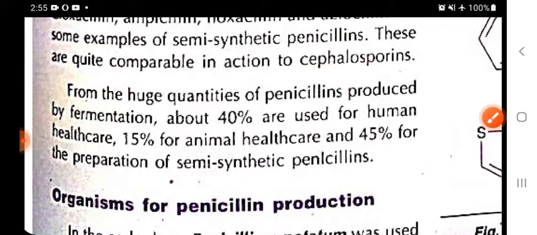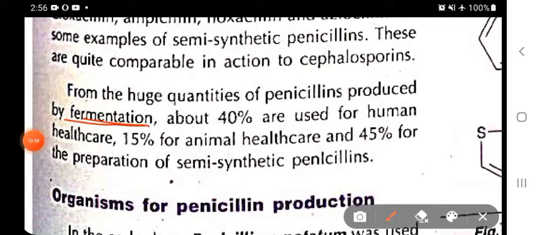We do submerged fermentation, which means we use a liquid broth culture containing all the nutrients required for growth of Penicillium chrysogenum for the synthesis of penicillin.